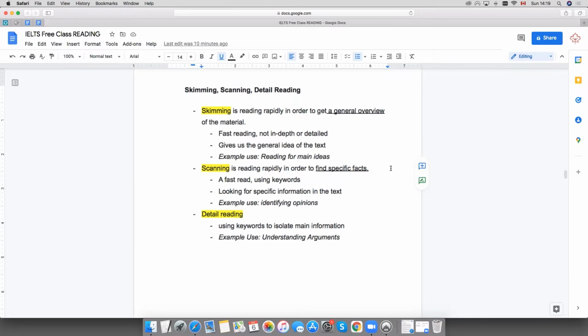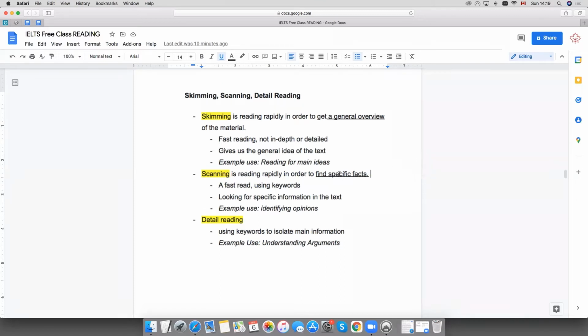We look for that word and then locate the specific information we're looking for. Like we talked about for the multiple choice question, there is something specific inside the question that they are looking for. That becomes our keyword. We go to our text, look for all the times we find that word, and then maybe we do a little detail reading around it.